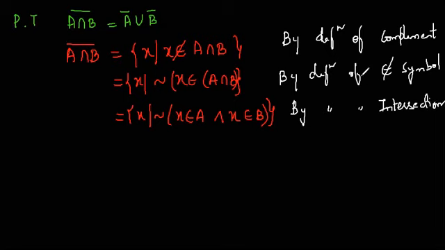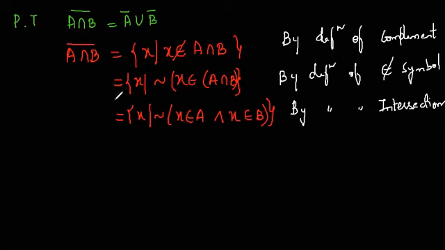After that, we are supposed to apply De Morgan's law. De Morgan's law says we apply negation to the first variable, change the sign, and then apply negation to the second variable.